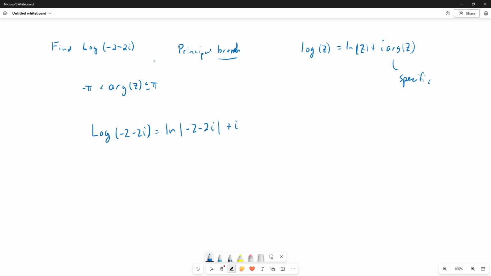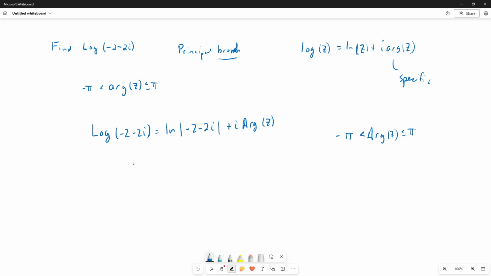When we're doing the principal branch using the capital L, we'll also use capital A. This is the unique argument that is in this interval. So in other words, capital Arg z is always between negative pi and pi, and technically this is strict here. For a negative real number, we will use pi for the principal argument.